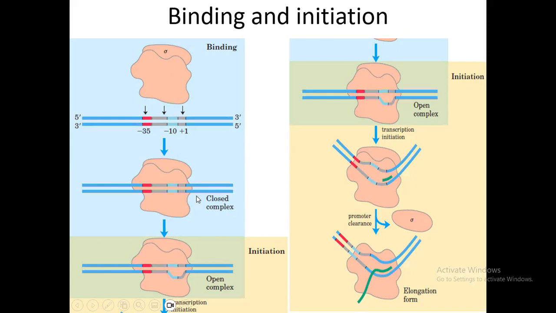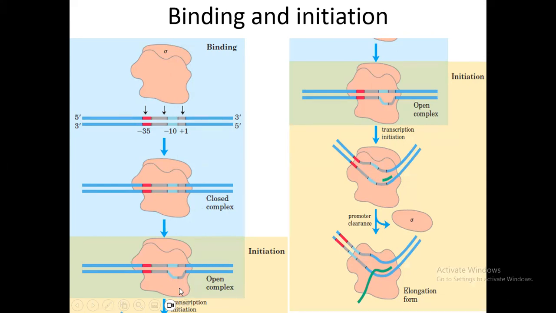Later on, as the RNA polymerase binds more tightly to the DNA, there is unwinding of DNA leading to opening of the double-stranded DNA or formation of a bubble. As a result, the complex here is known as an open complex.